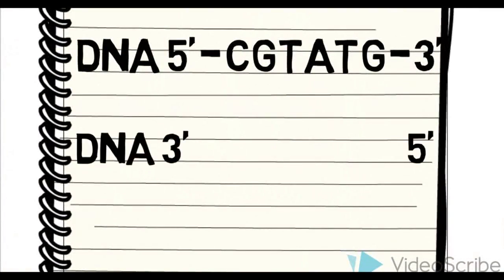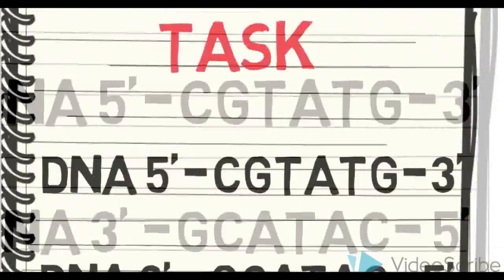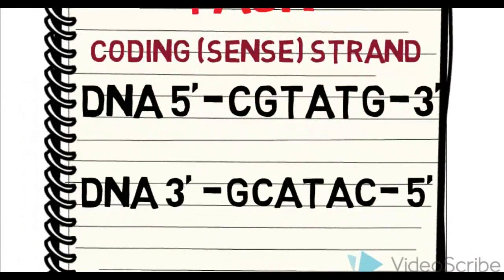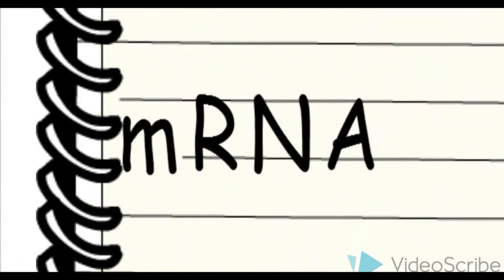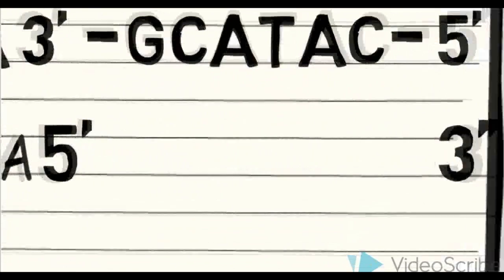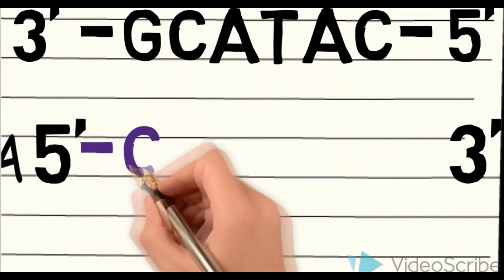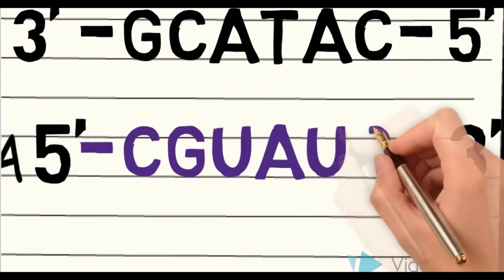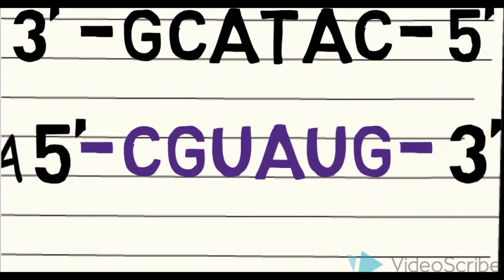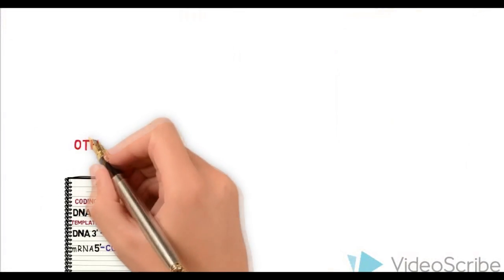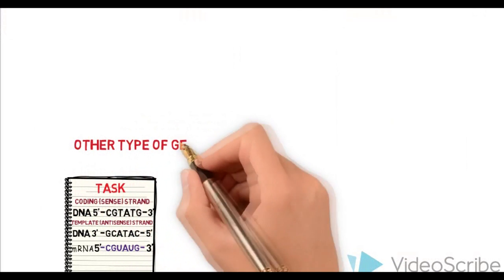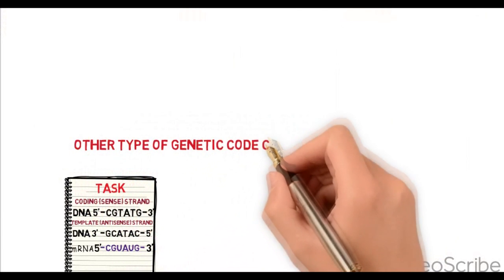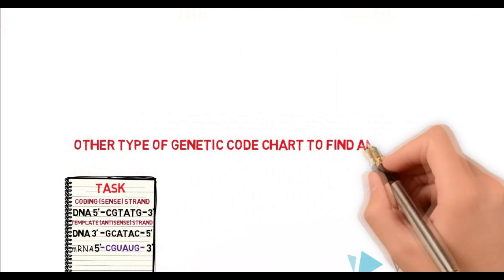So you have DNA, the coding strand and the template strand. Also, we found mRNA. It has cytosine, guanine, uracil, adenine, uracil, and guanine. We will solve this task using another type of genetic code chart to find amino acids.